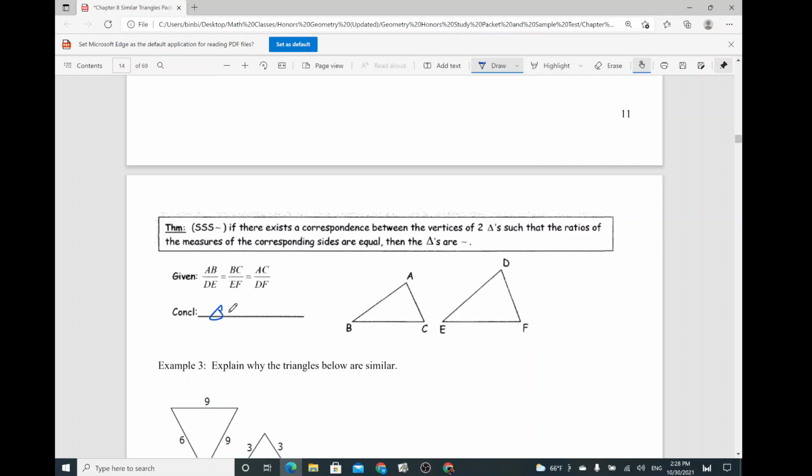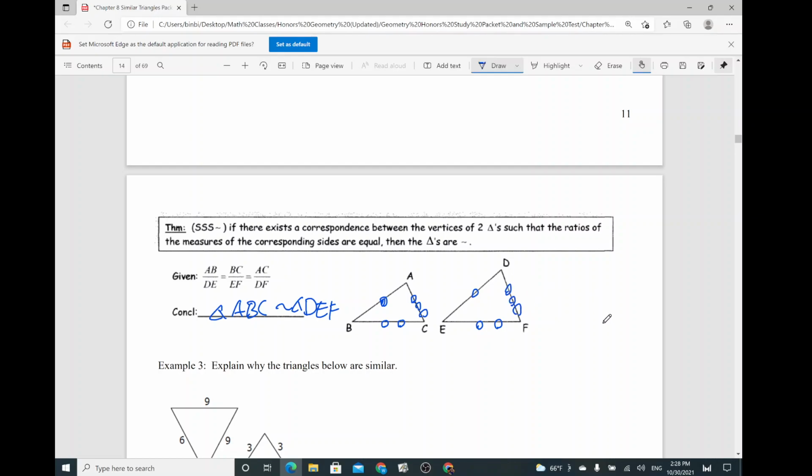So triangle ABC is similar to triangle DEF. AB versus DE, I don't want to use the tick mark, because a tick mark means congruent, so I'll use the little circle. And then the other one, BC to EF, and then AC to DF.